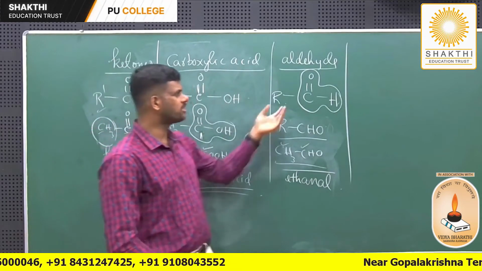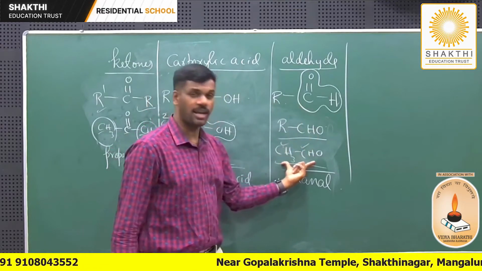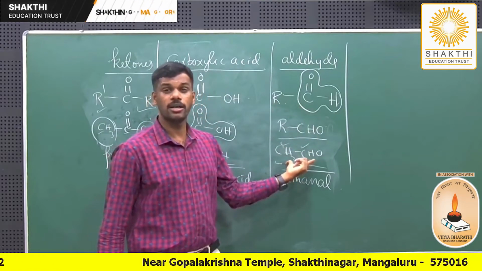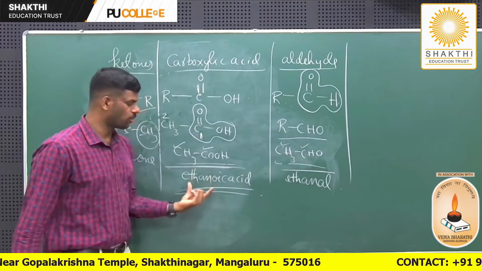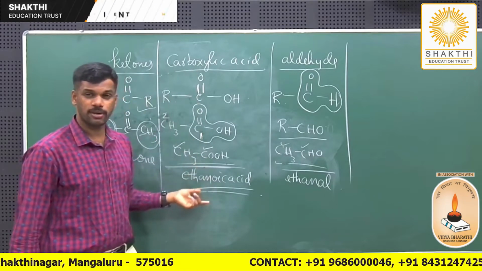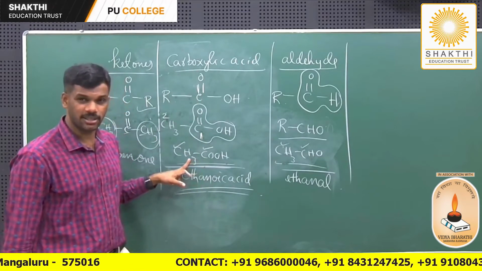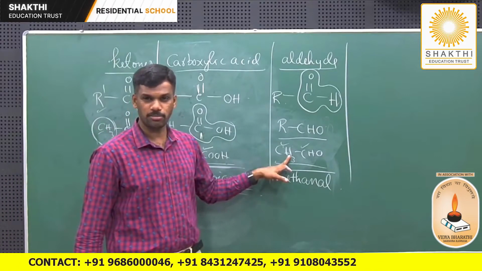You can call this ethyl aldehyde also. This is ethyl aldehyde, but it is not an IUPAC name, it is a common name. You can call this ethanoic acid. Also you can call it acetic acid, which is very important. This is acetic acid, this is acetaldehyde. These are the common names.